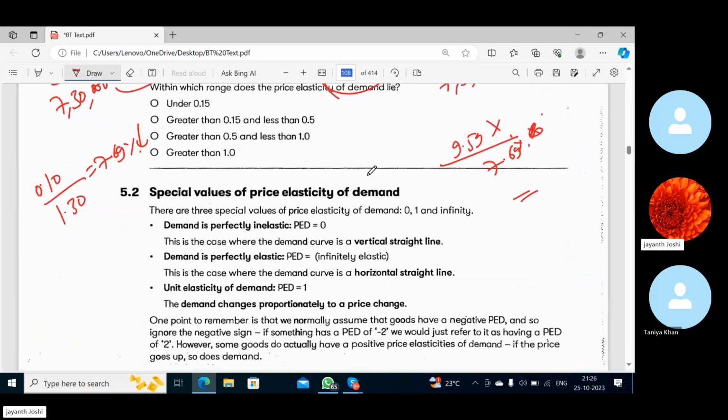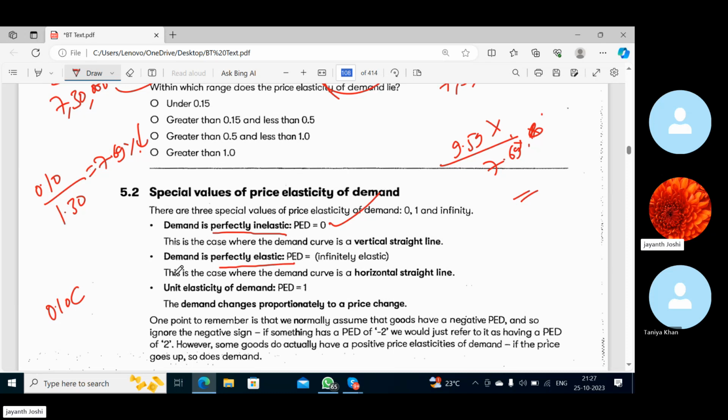Special values of price elasticity of demand we have already discussed. If the demand is perfectly inelastic, that means even a 10 cents change in price is not leading the demand to change. So it is perfectly inelastic.